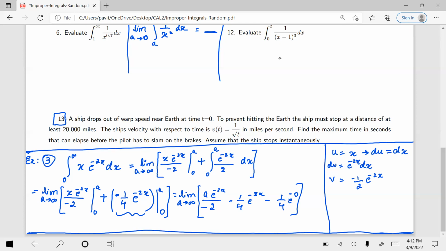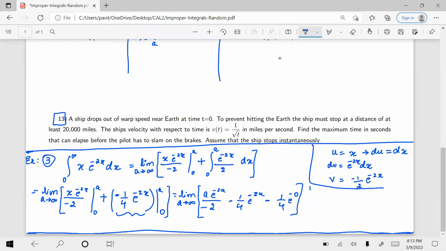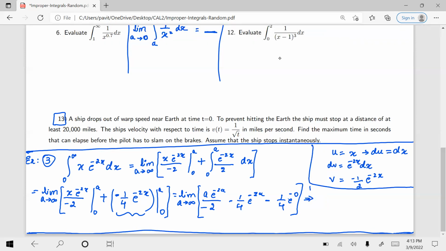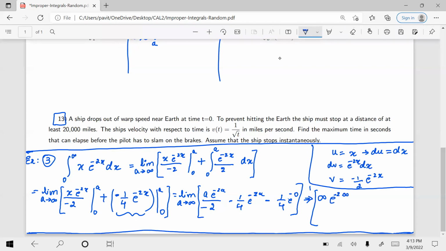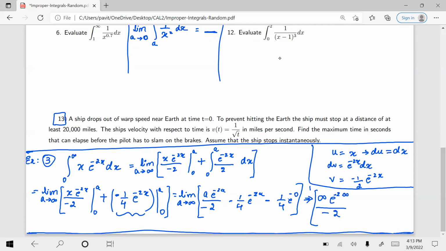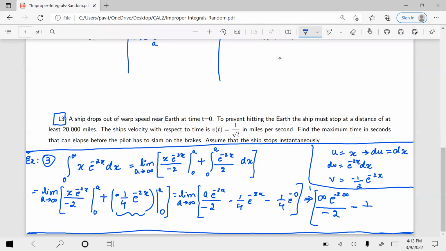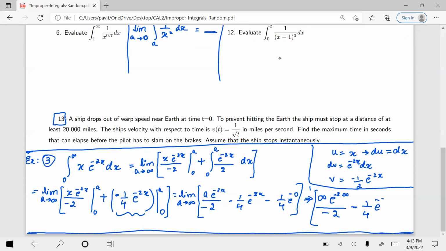Okay, now let me write the final answer here. Now, all you have to do is plug in a equal to infinity in the solution. So it is infinity times e to the power of minus 2 times infinity divided by negative 2, minus 1 over 4 e power minus 2 times infinity, minus what?